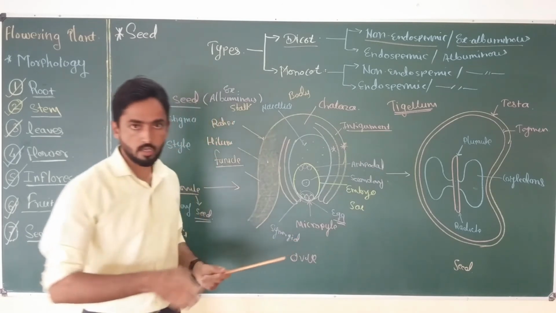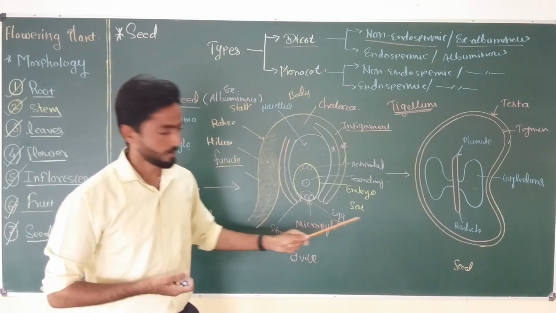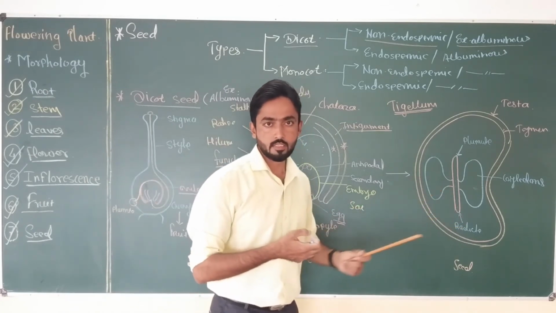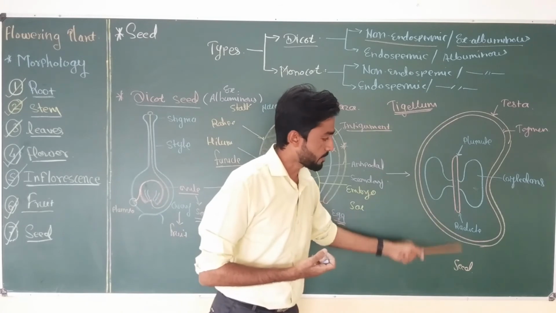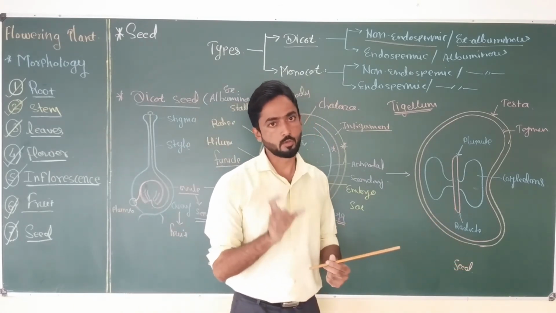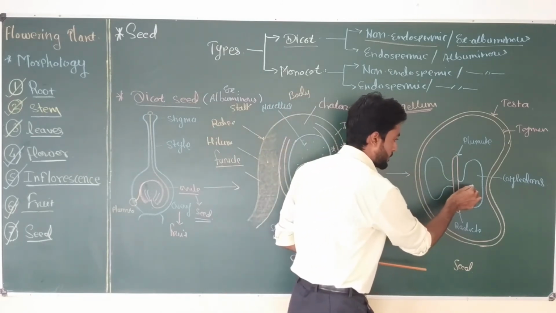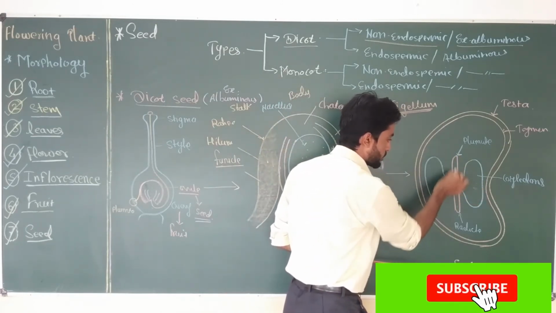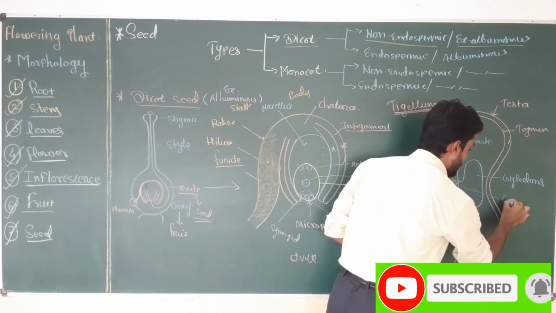Okay, water comes inside the seed through the micropyle, and once it enters, the enzymatic process begins, and the radicle comes out through this micropyle and produces the root system. Now the point at which cotyledons are attached to the embryonal axis is called the cotyledonary node.